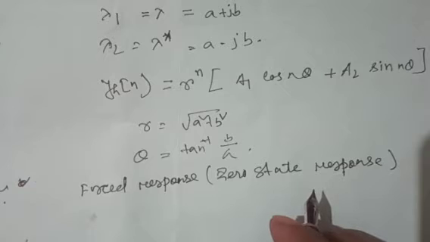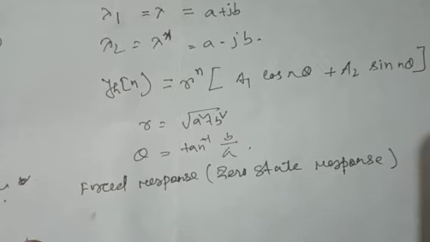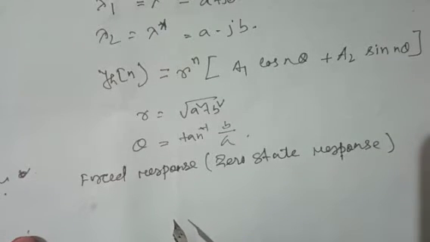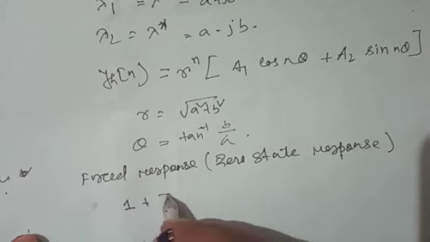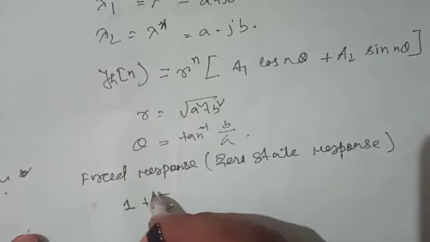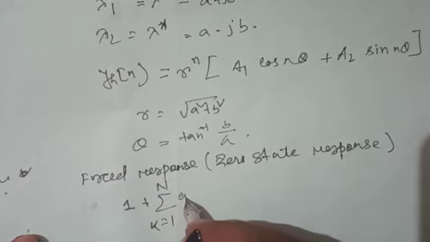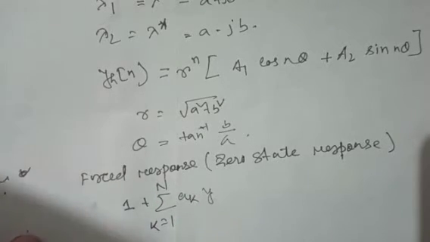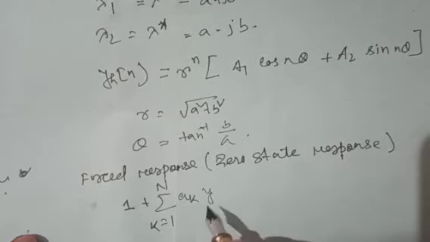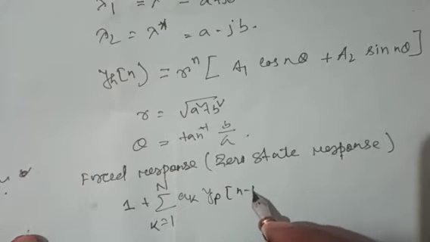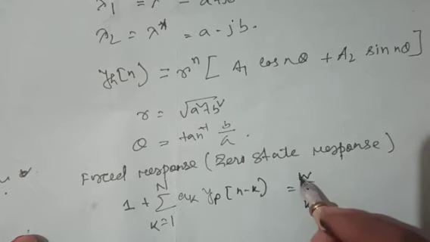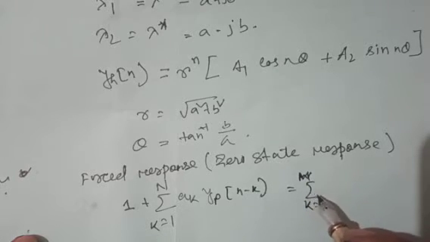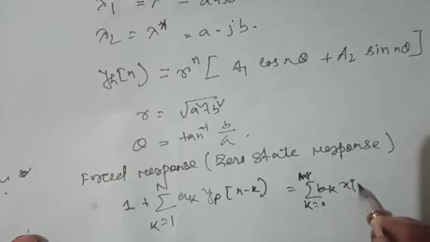In other words, the particular solution is a solution satisfying the given difference equation in the form y_p of n plus summation over k equal to 1 through N a k y_p of n minus k is equal to summation over k 0 through M b k x of n minus k.